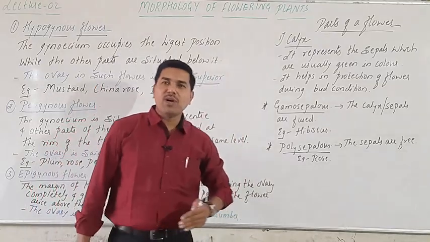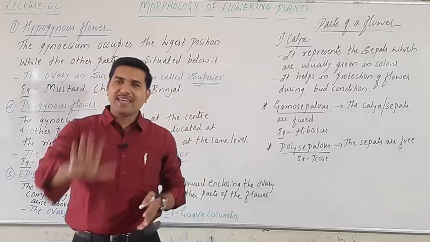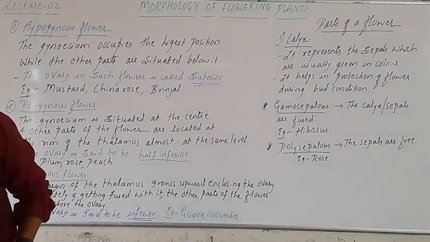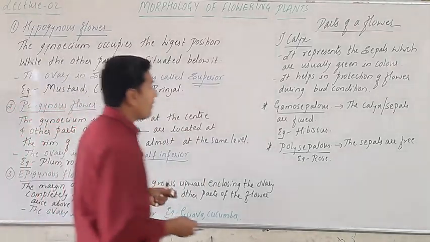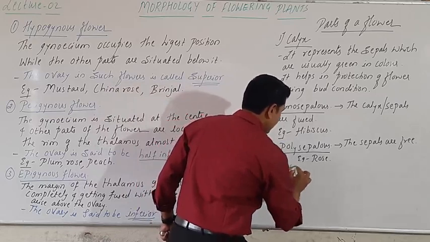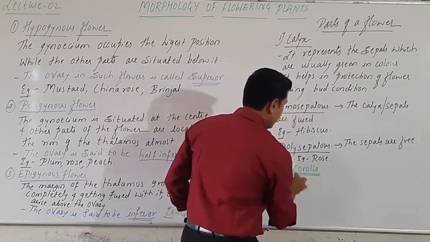Second part is the corolla. In the corolla also we are using the same terms but with a little bit difference. Okay, so what is that difference? We'll see. So first part is calyx, second one is corolla.